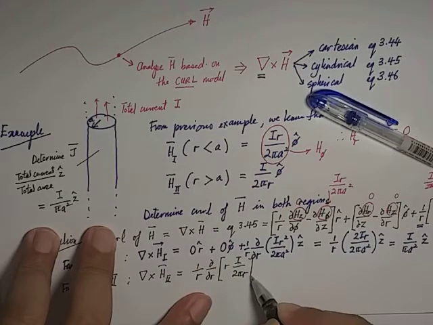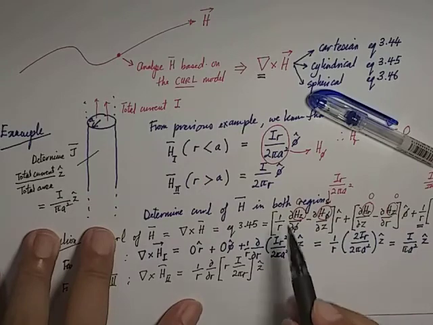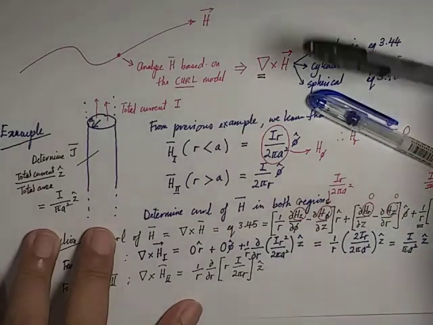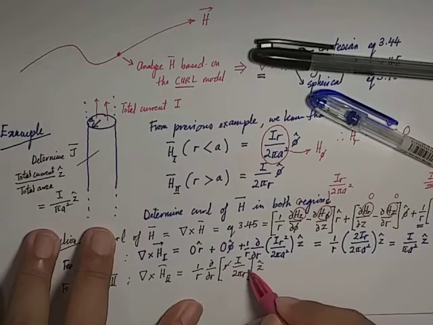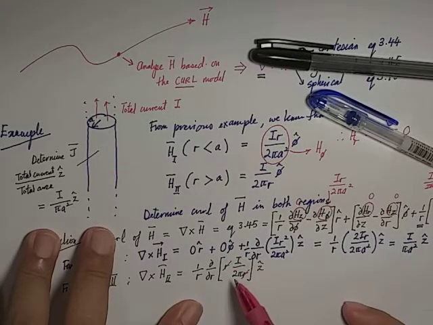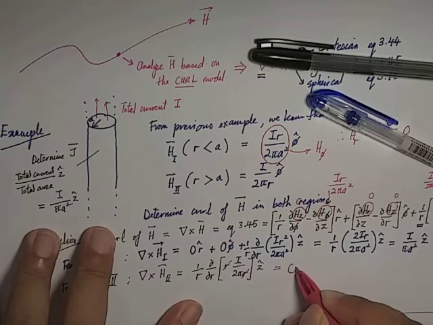And then that should be the Z directions. I just substitute I over 2 pi r. So now what we can see based on this substitution, we're going to cancel the r, correct? So when you cancel the r, the term now becoming constant. So if we differentiate something constant, the end result will be equal to 0.